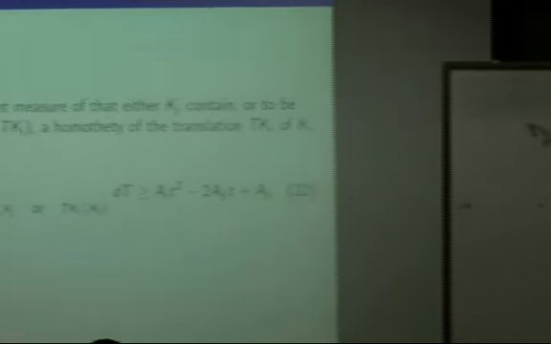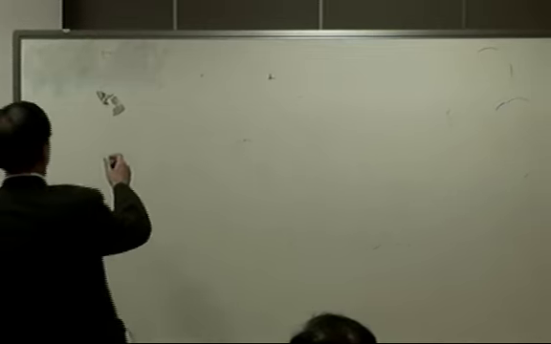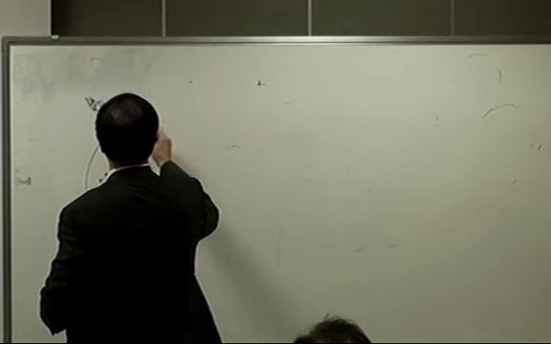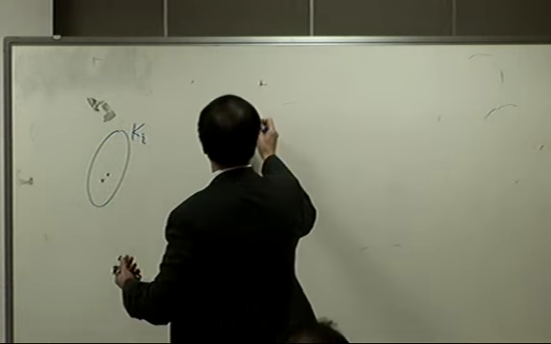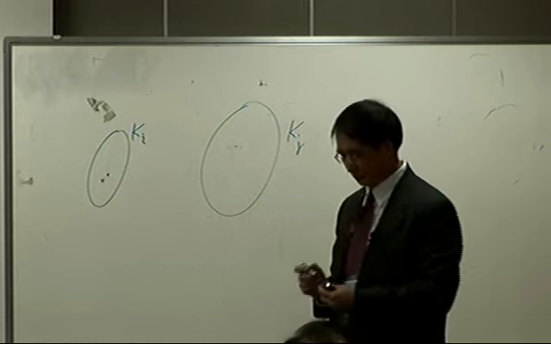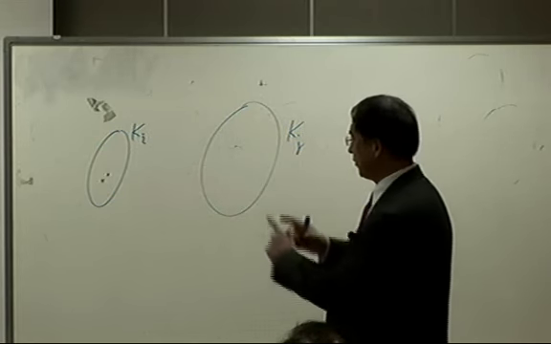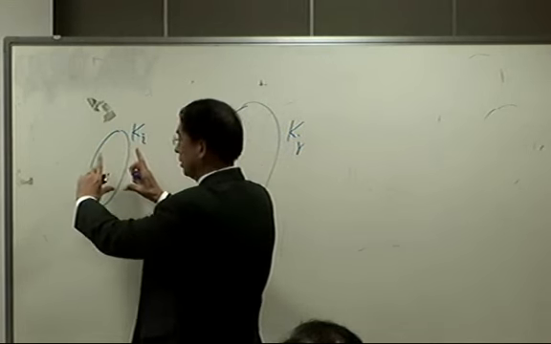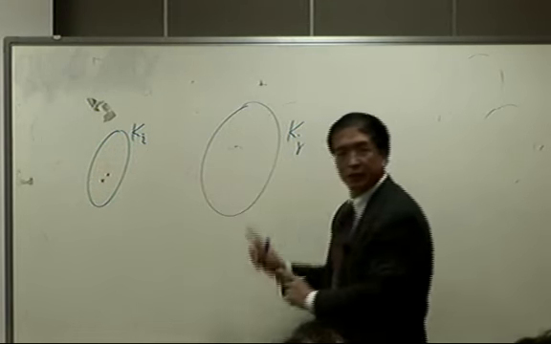In integral geometry, we are trying to find, if we give two domains, one is Ki, this is Ki, and this is Kj. We want to see if there is a translation such that this can move inside of Kj.